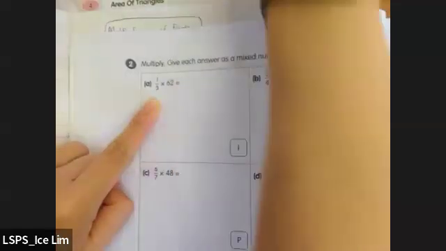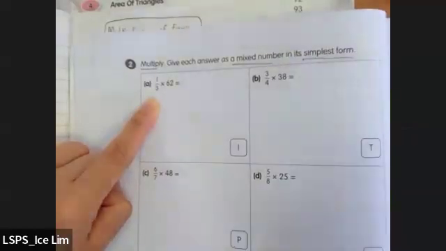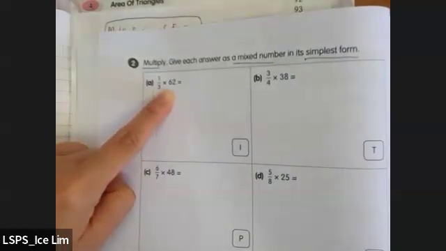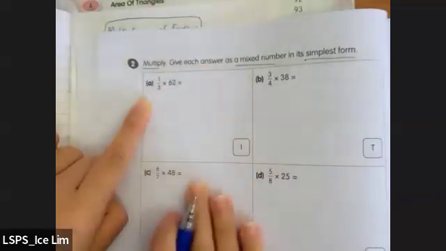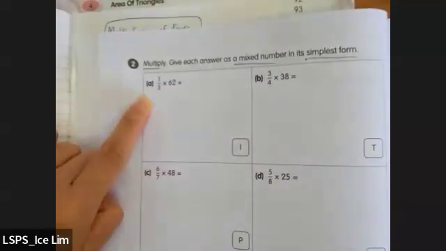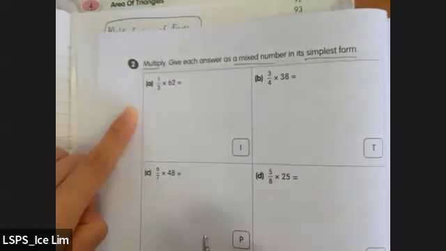Now, multiply, give your answer as a mixed number in the simplest form. This is a proper fraction times a whole number. I can straight away choose 2 ways. You copy it down, I'll write it here. Later, you decide what to write in your own worksheet. Is that okay? So I have 2 ways here.